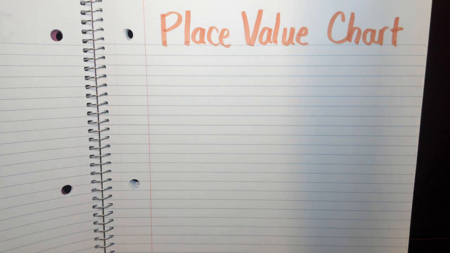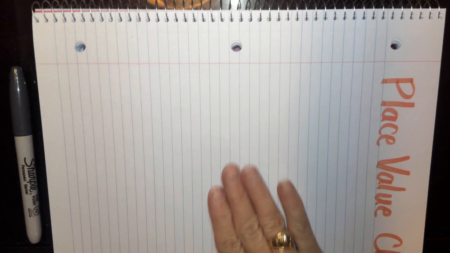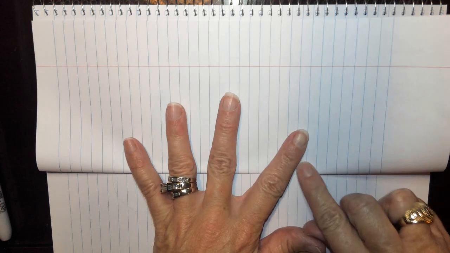So the next thing that we're going to do is we're going to actually turn our paper sideways so that we have the holes at the top. And we're going to fold this piece of notebook paper in half so that we're creating a straight and visible line.